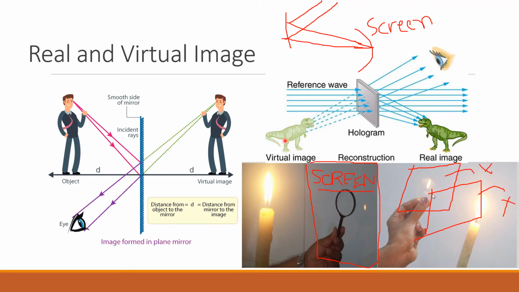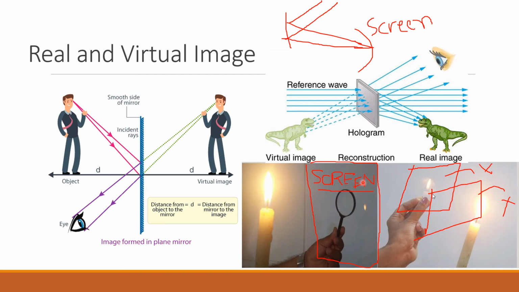Fine. So let us revise. If the rays intersect at a certain point to form an image on the screen, such kind of image is known as your real image. Fine.